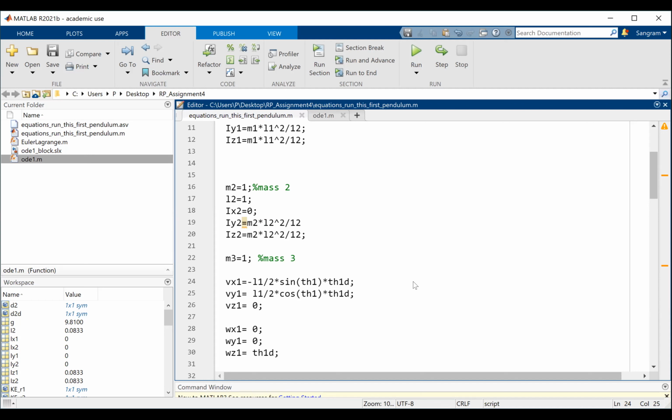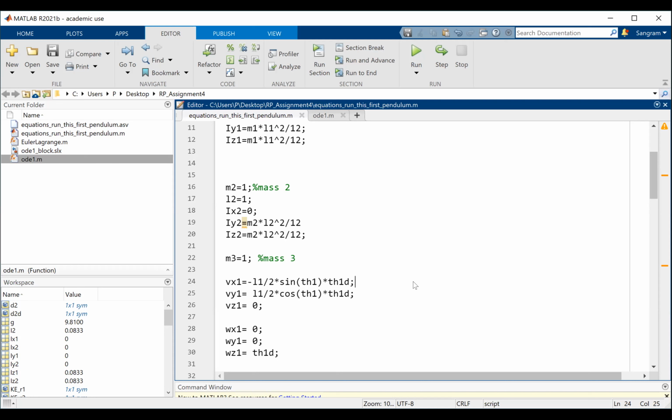Why aren't we using the diff function, like just diff pH1? Why are we writing pH1 d instead of just the derivative? Don't do derivative, because the Euler-Lagrange code expects states, and the states should be explicitly defined. So our states are first joint variable velocity, second joint variable velocity, which need to be expressed as symbolic variables using SYMS.